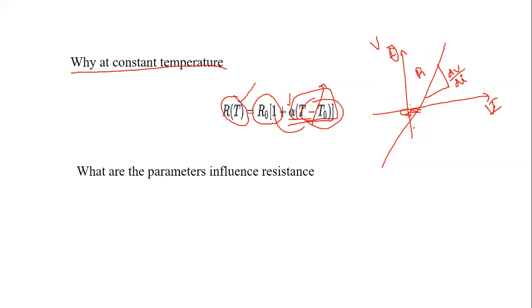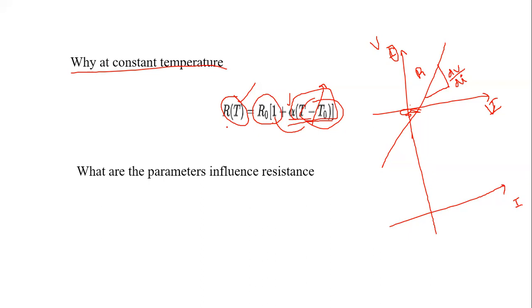If the temperature is not constant, let me take a filament lamp, where if you increase the voltage, then current will increase, automatically the bulb will glow, and that will be dissipated in terms of heat, and that will increase the temperature surrounding the bulb. So the temperature will increase and definitely the resistance will change.